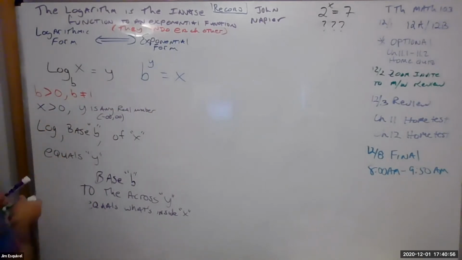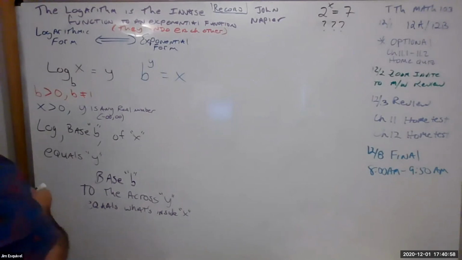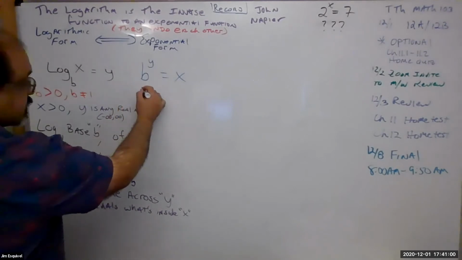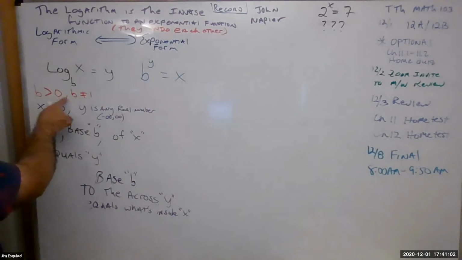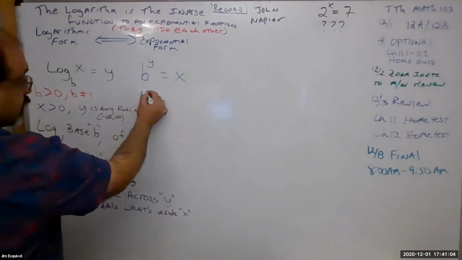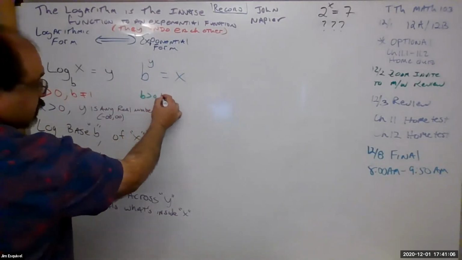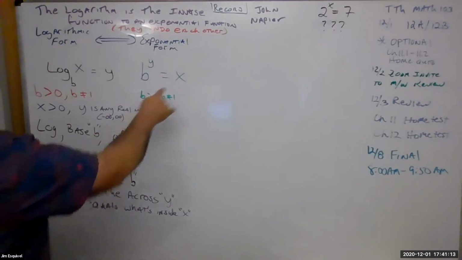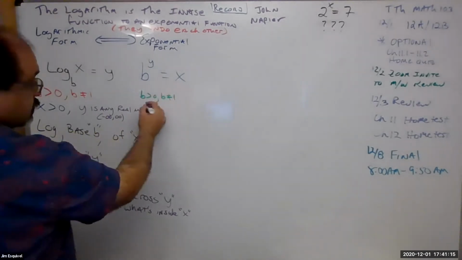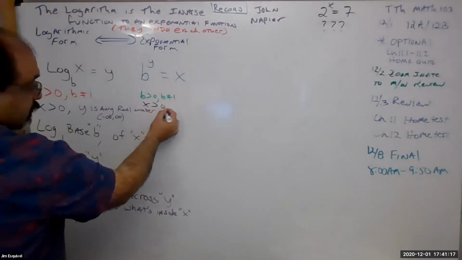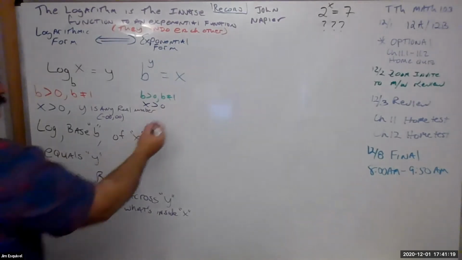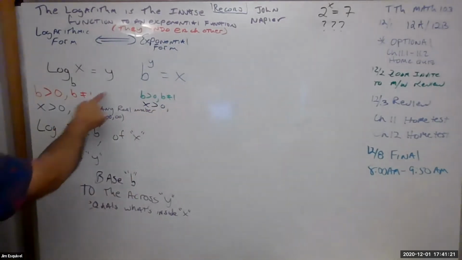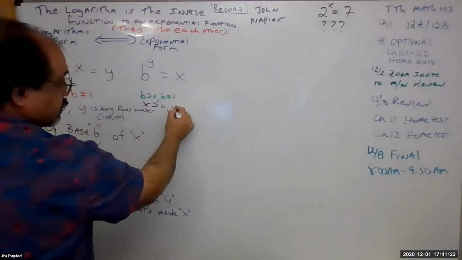Over here, the base in exponential form still has to be greater than 0 and cannot equal 1. The x is always going to be greater than 0, always a positive number. And y can be any real number.